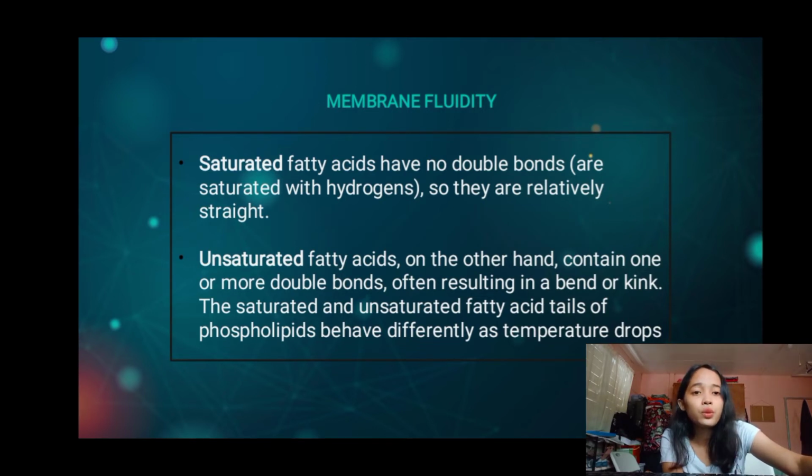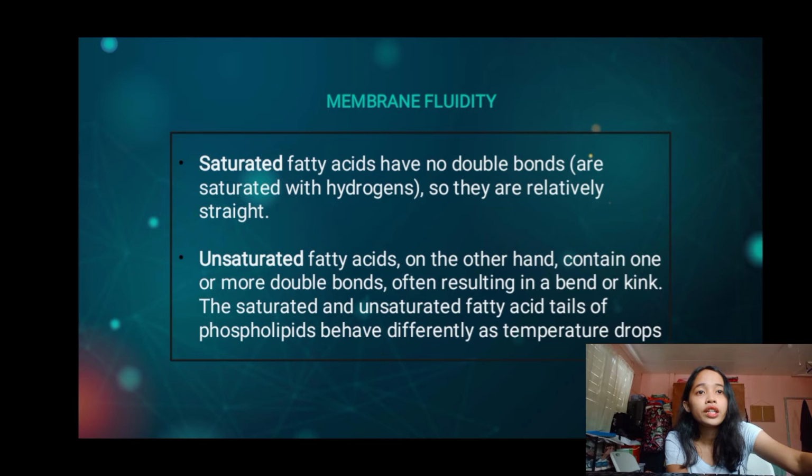So what is membrane fluidity? It is a dynamic structure that allows the movement of the phospholipids and proteins. Fluidity is a term used to describe the ease of movement of the molecules in the membrane, and it is an important characteristic for cell function.